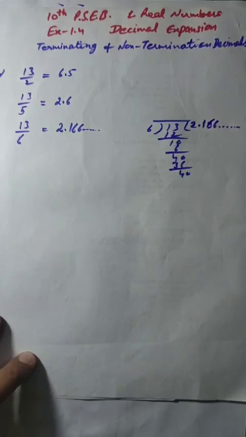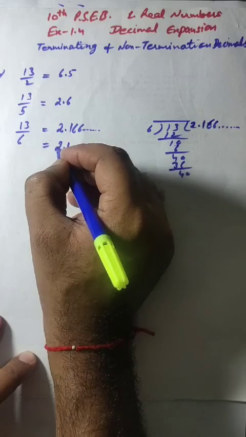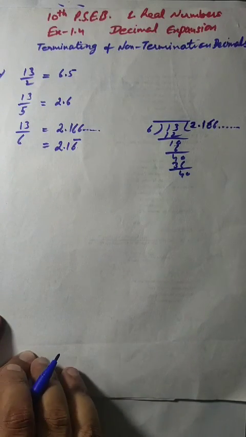So this is the repetition of 6. We can write it as 2.16 bar. Bar represents the repetition.